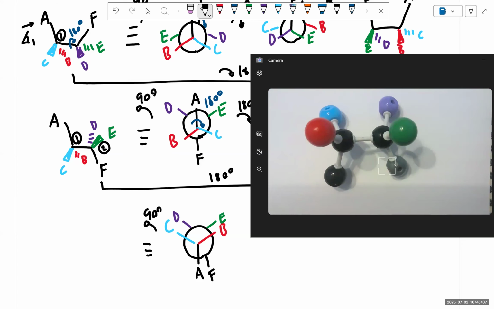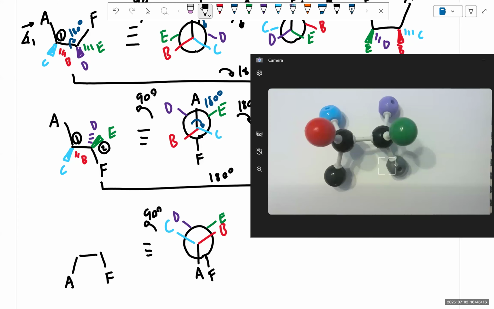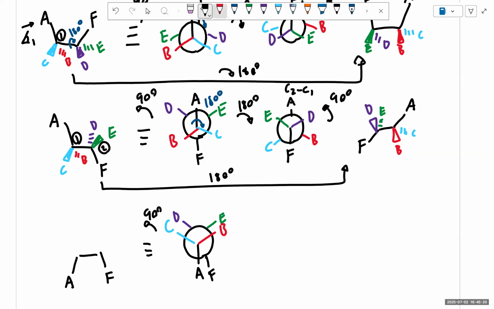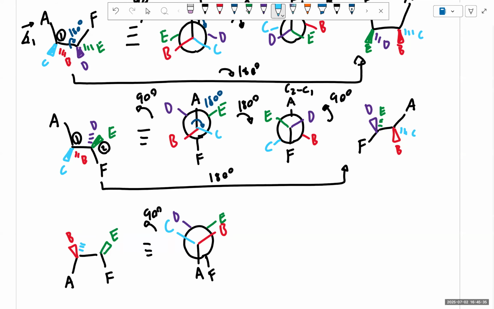Okay, so now as we can see, atoms A and F are both down in the plane of the page. We see atoms B and E, the green and red atoms, are pointing out of the plane of the page. You draw that with a wedge. Atoms C and D are pointing into the plane of the page, so they get a dash.